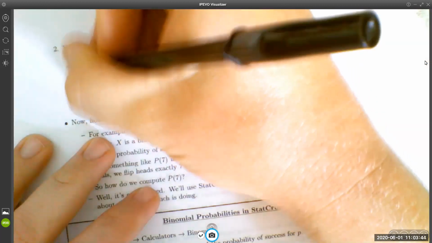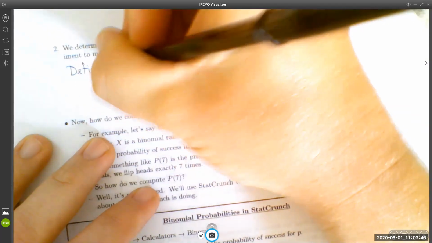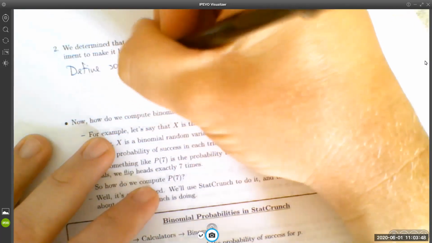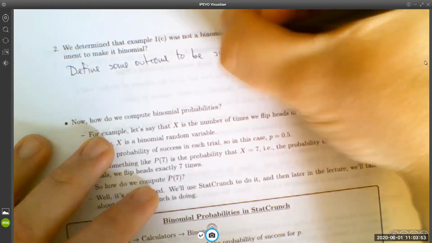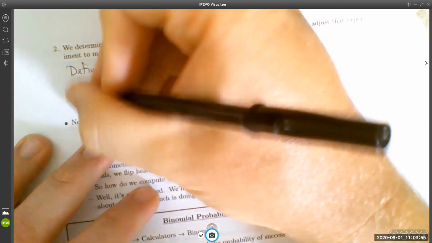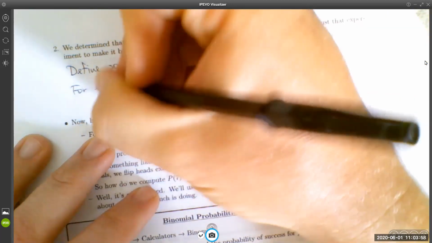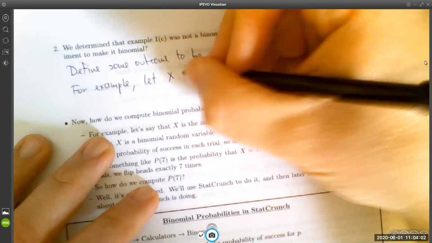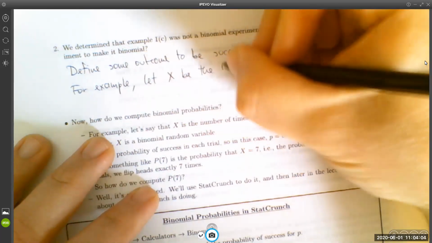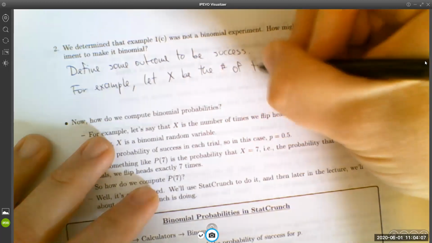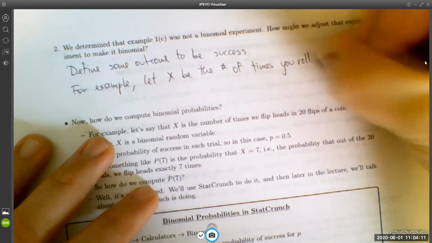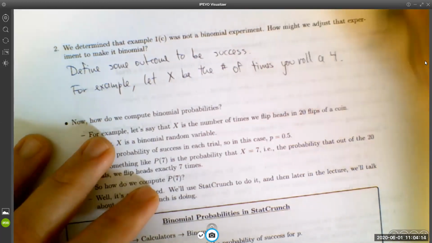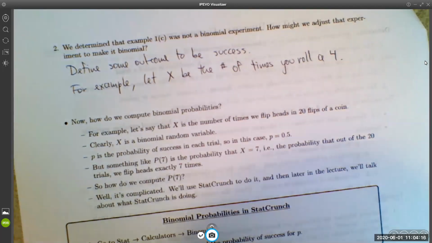Define some outcome to be success. For example, let x be the number of times you roll a 4, something like that.